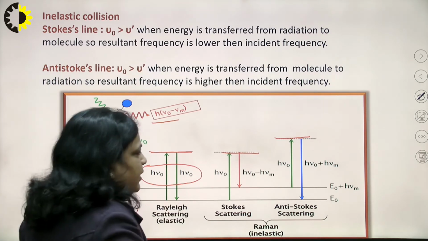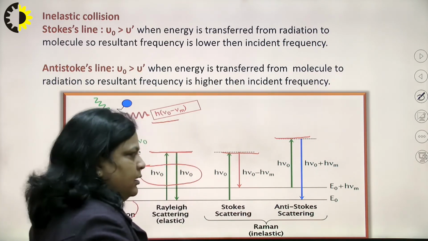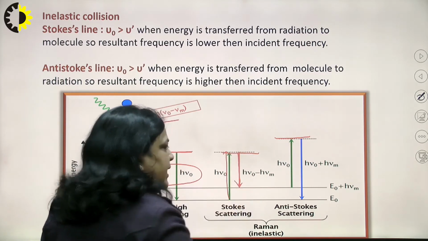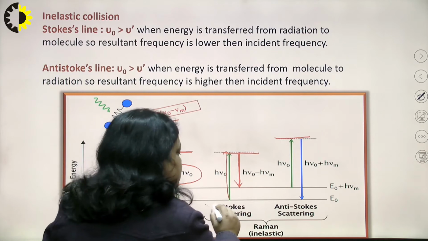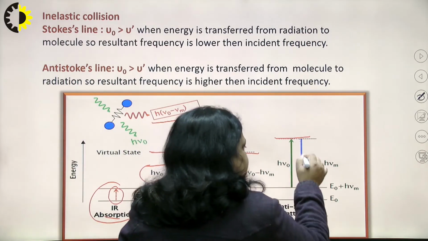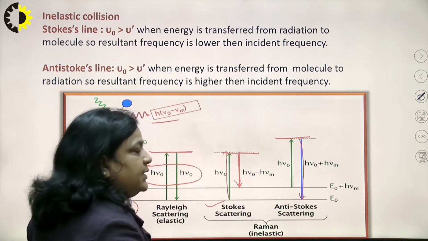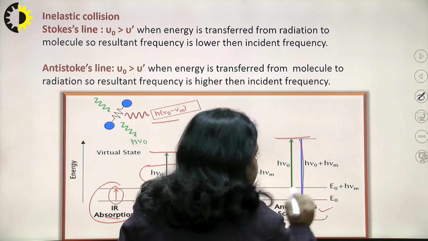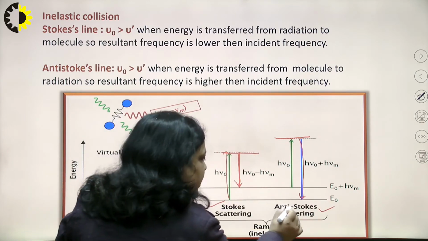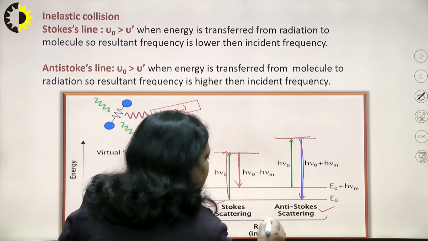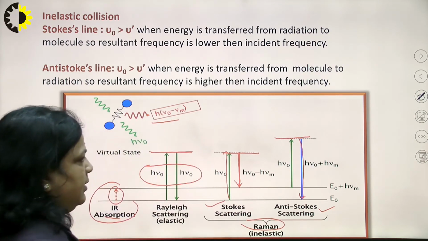But here we consider after scattering: if the energy becomes less, then it is called Stokes scattering. If after scattering the energy becomes more, that is the energy is given by the molecule, then that is called anti-Stokes scattering. And these two types of scattering, because of inelastic collision, are called Raman scattering.